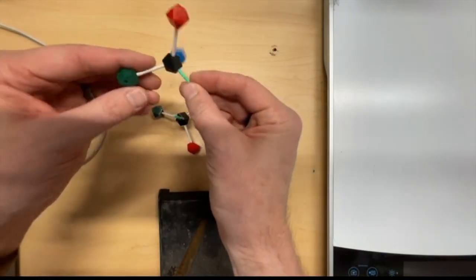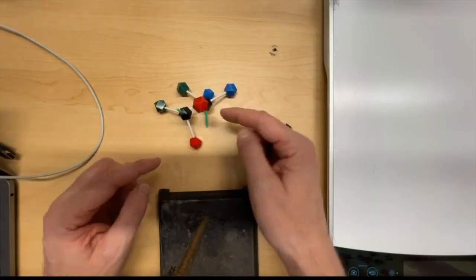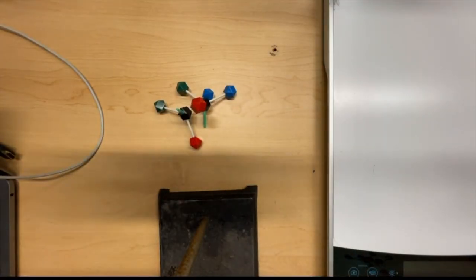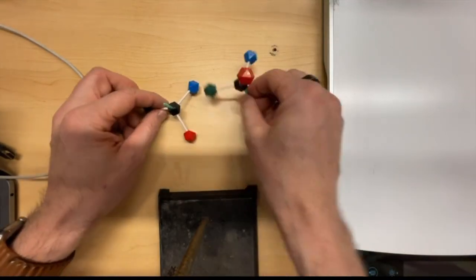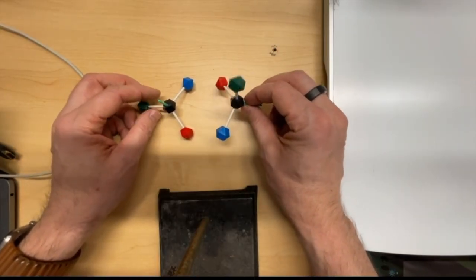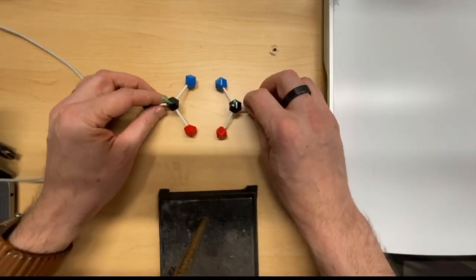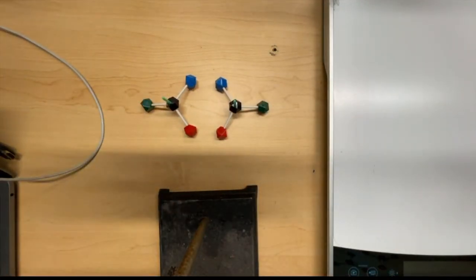If I try to line up my blue, black, and green, then the other two are going to be out. These are non-superimposable mirror images. And again, that can be made clear just by orienting it in such a way. Whoop, there we go, sorry. If I choose to orient it in such a way where the mirror plane is perpendicular to the plane of the page, this becomes easy to see.